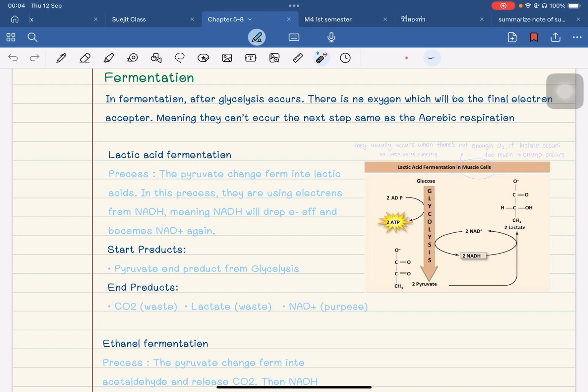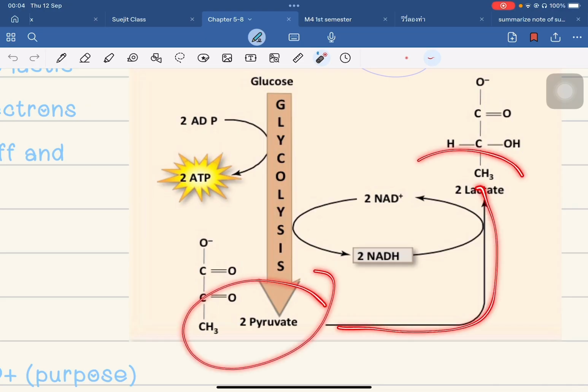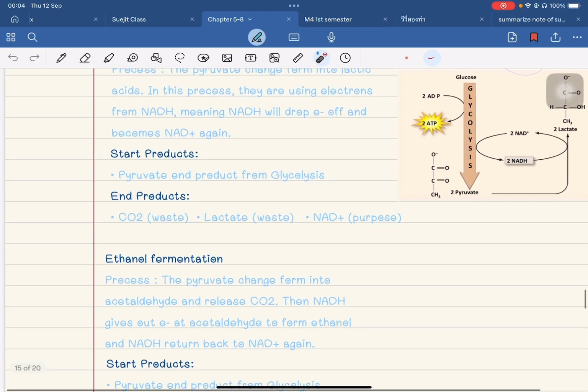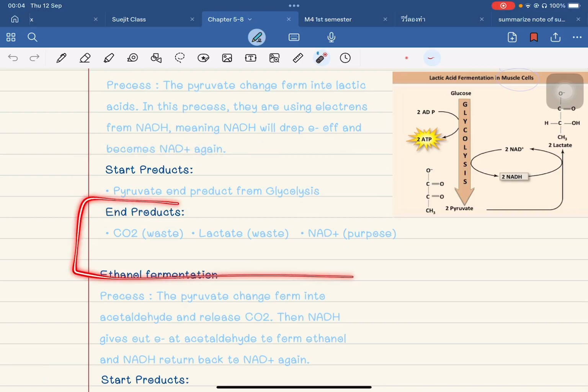In this process, they're gonna use electrons from NADH, meaning that the NADH will drop the electrons off, and they're gonna become NAD plus again. As the pyruvate becomes lactate, the NADH drops off the electrons. So this is the start product, and this is the end product.